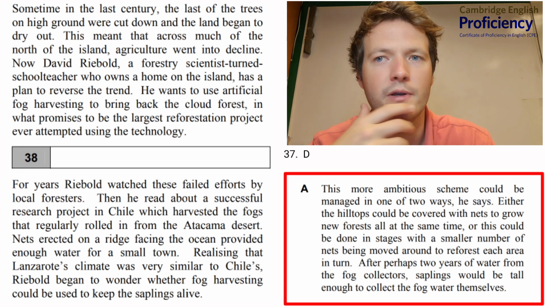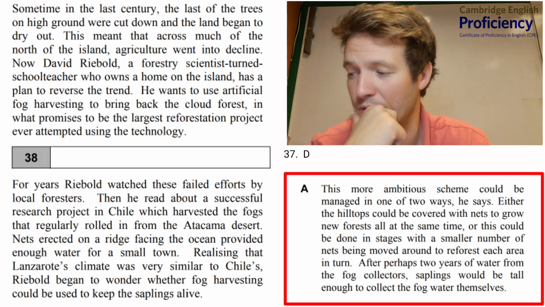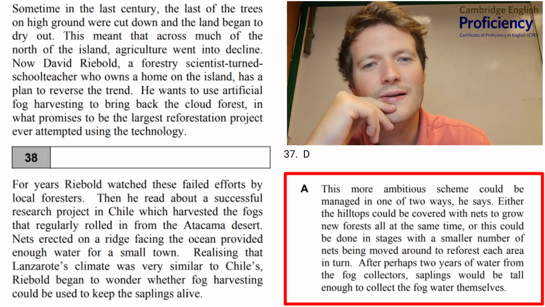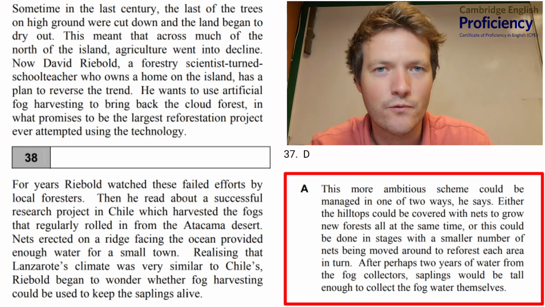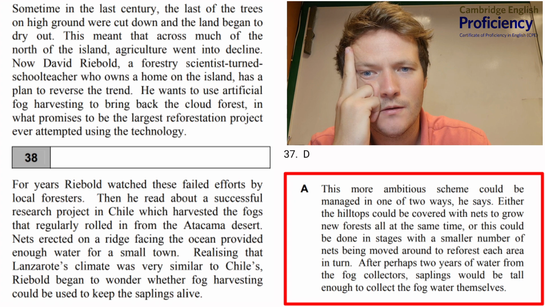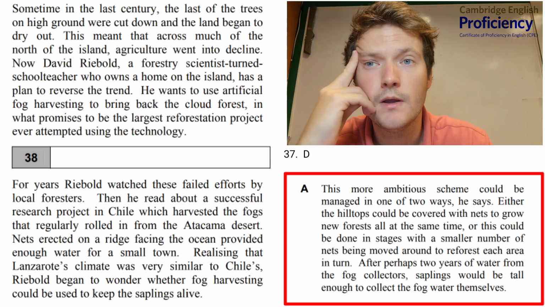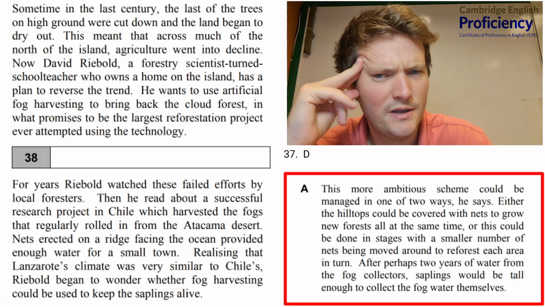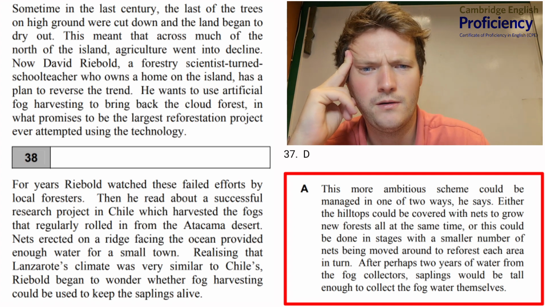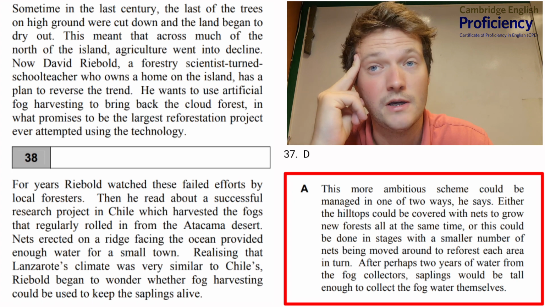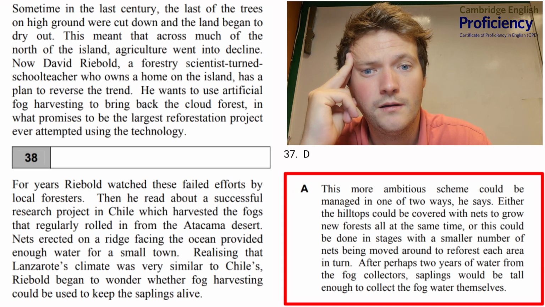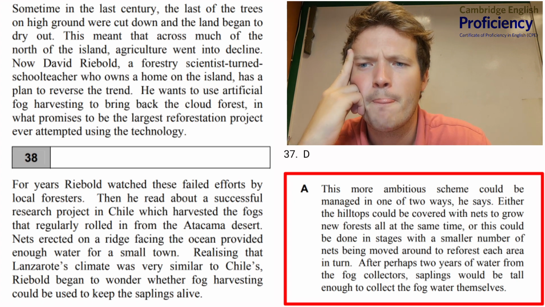It's like it's comparing it to some other plan, to some other scheme. Again, it just doesn't sound right. He has a plan, which you could call a scheme. I just don't think it's more ambitious than any other scheme. I don't think we have seen any other scheme, any other plan yet. So I don't think it's A.